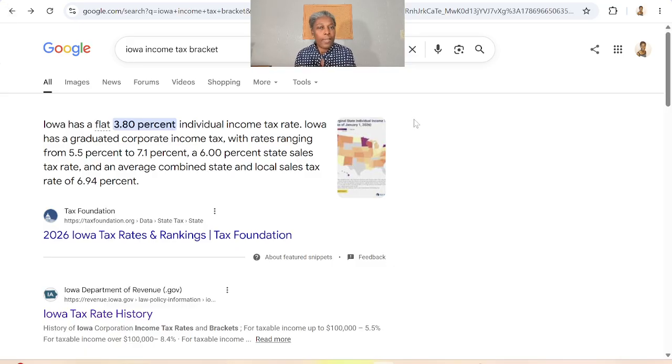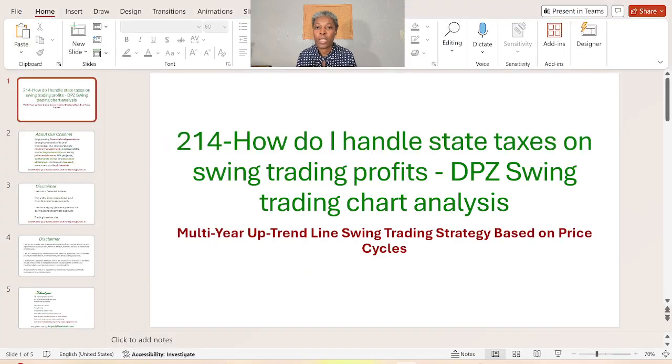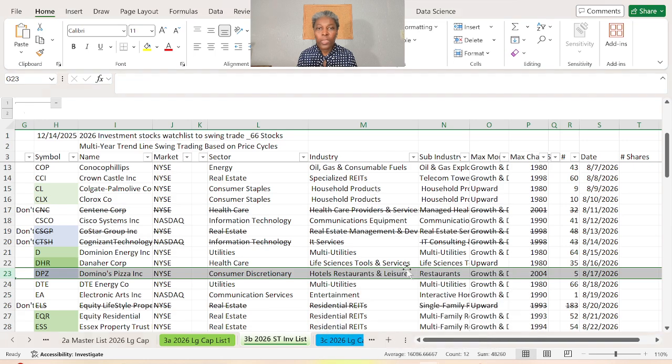And for some states, they might require that you estimate 110% of last year's tax liability for this year, and break it down.